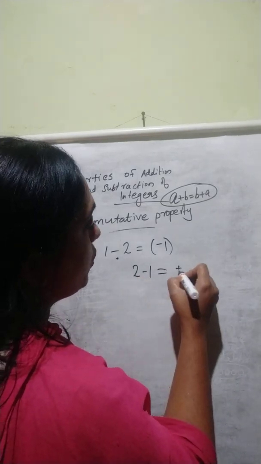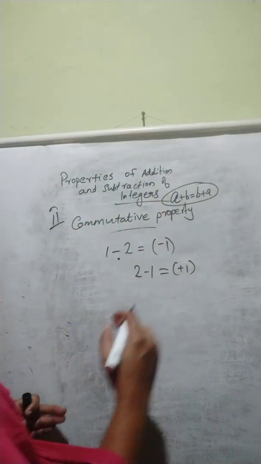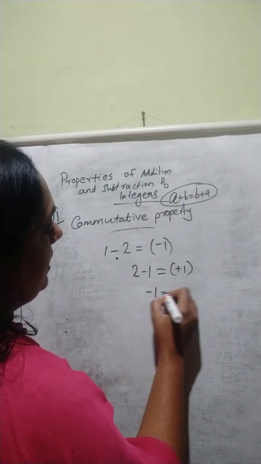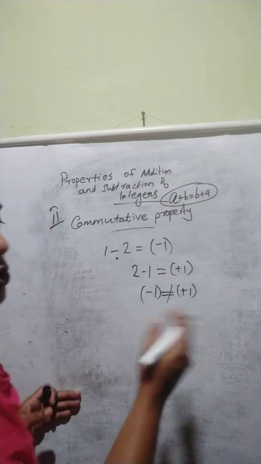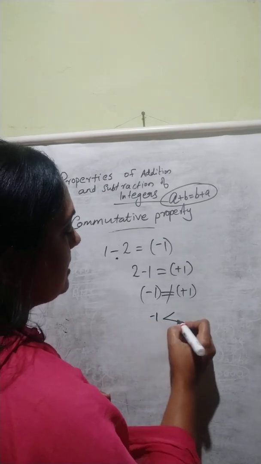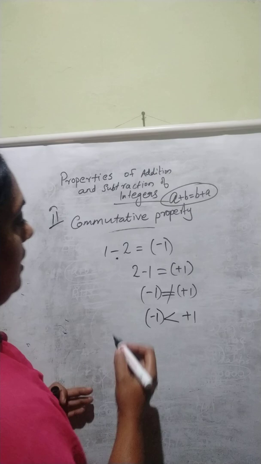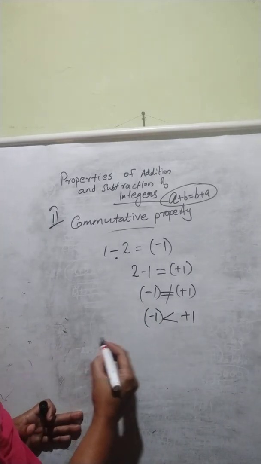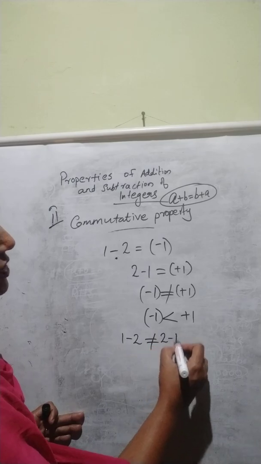That is equal to positive 1. 2 minus 1 is equal to 1, which we can write as positive 1. So we can say negative 1 and positive 1 are not equal to each other. That means negative 1 is less than positive 1. So we can say in the case of subtraction, 1 minus 2 is not equal to 2 minus 1.